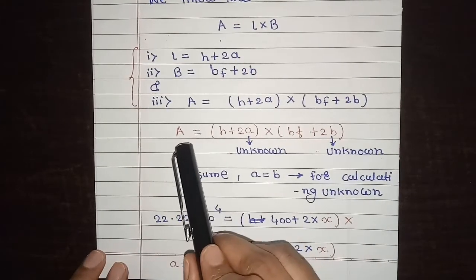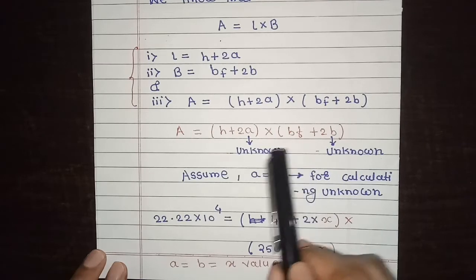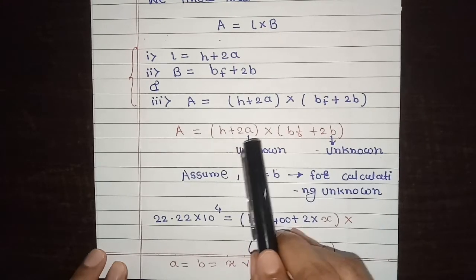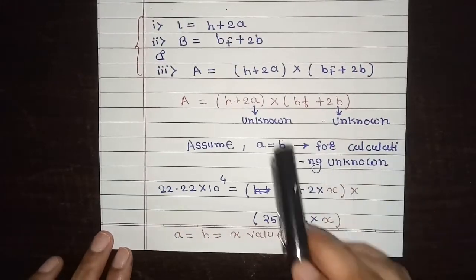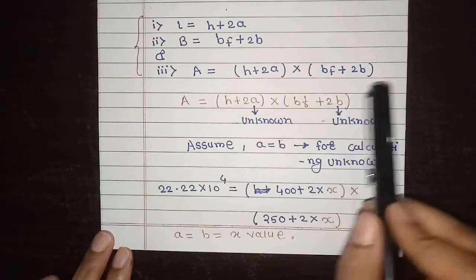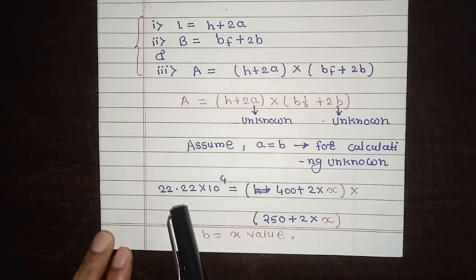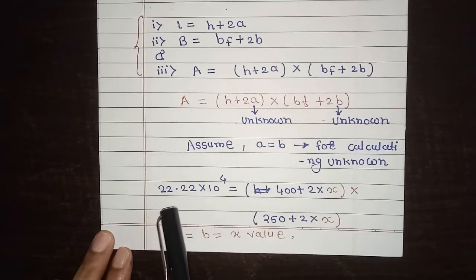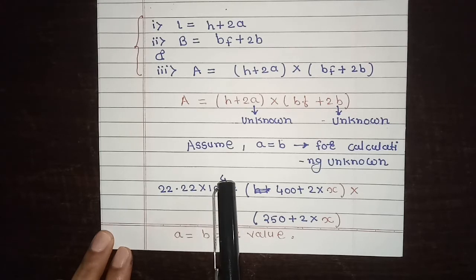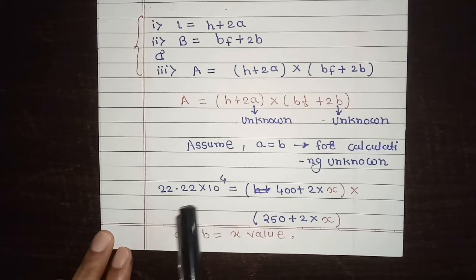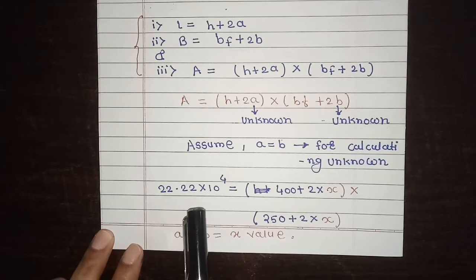We consider A and B is equal to X. So put all the values in this equation, then we get the value of area, A is equal to 22.2 into 10 to the power 4. This is the area of base plate as per step 4th.